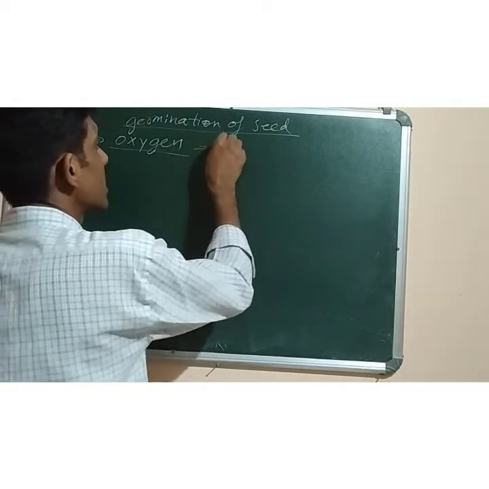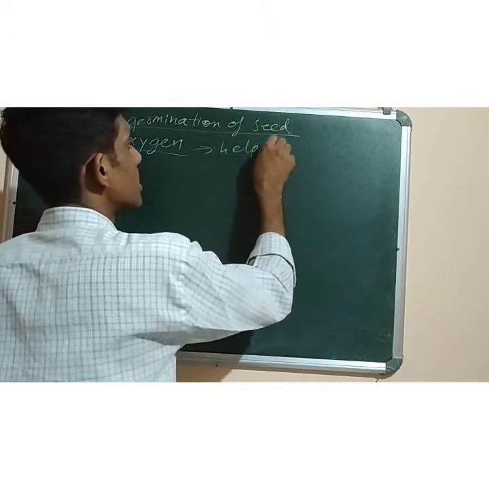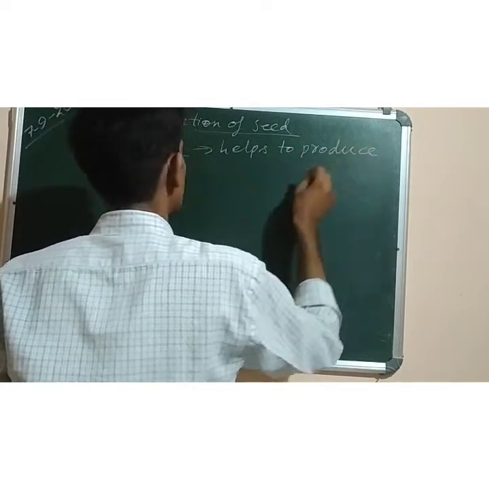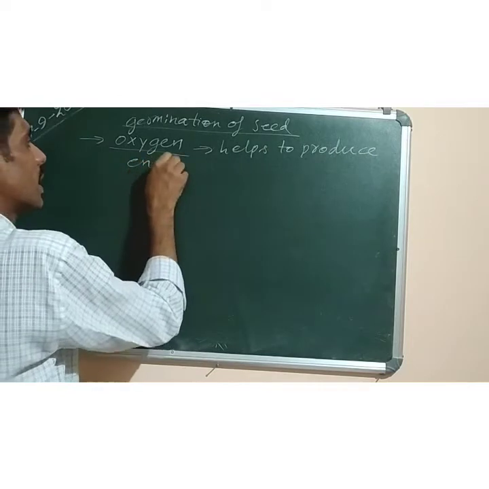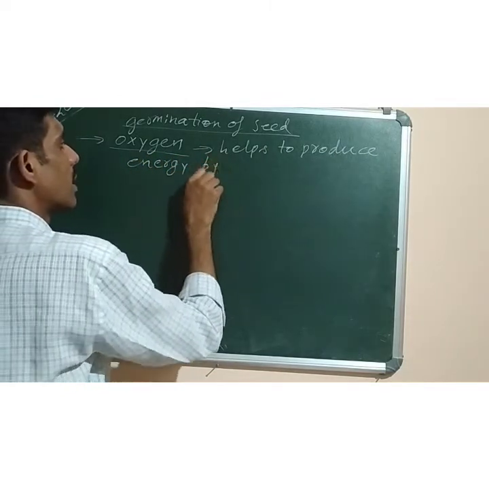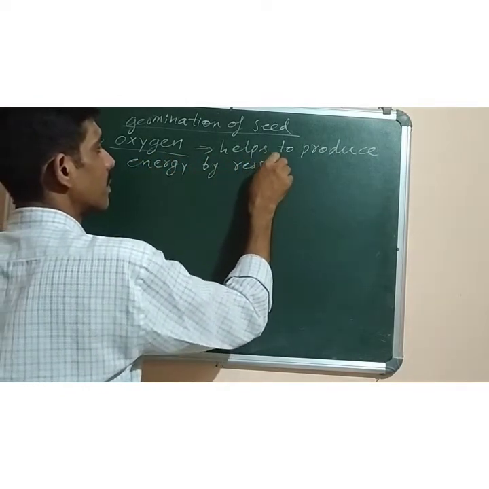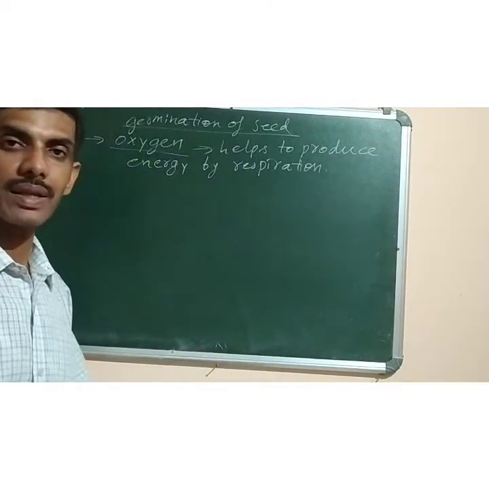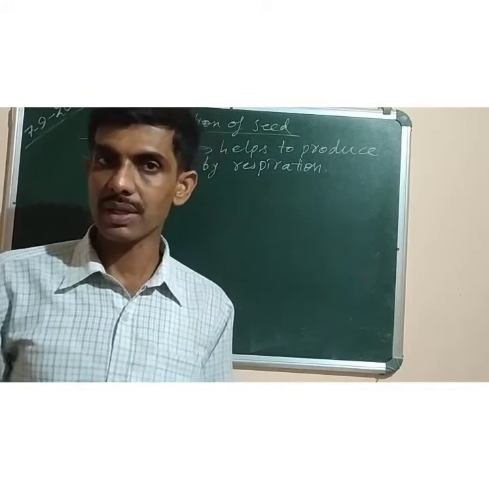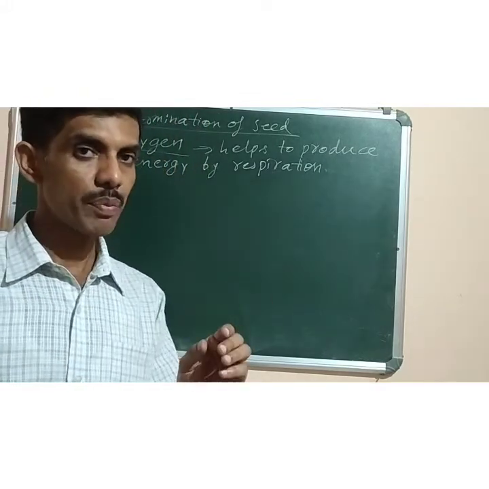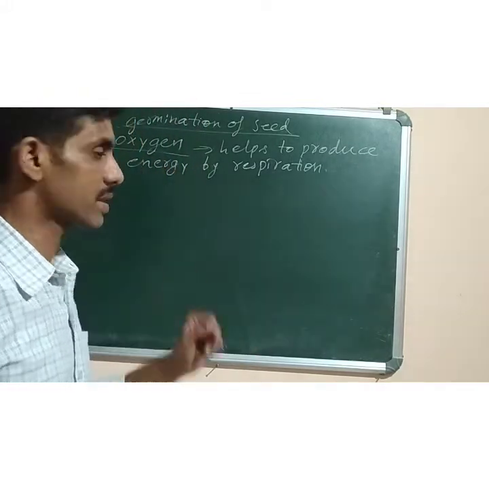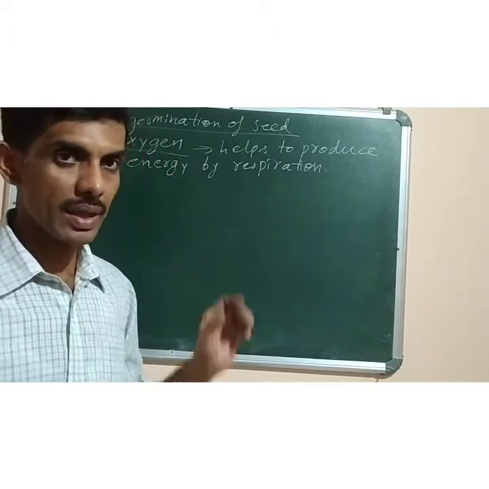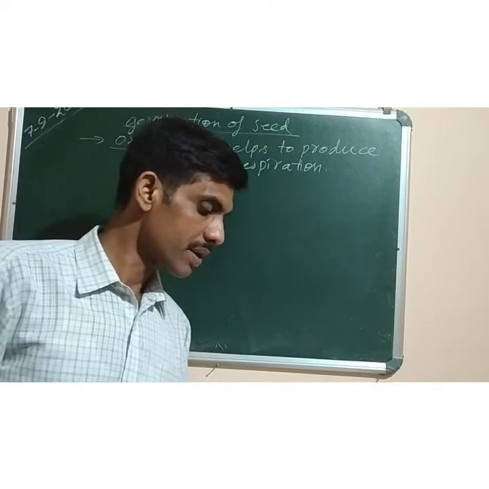So the answer is oxygen helps to produce energy by respiration, because you know that food is already present inside the seed in the endosperm as well as in the cotyledons. Those food materials will come in contact with the oxygen and carry out the process of respiration to produce energy, and that energy will be needed for germination.